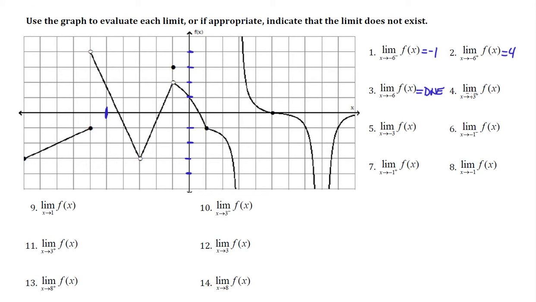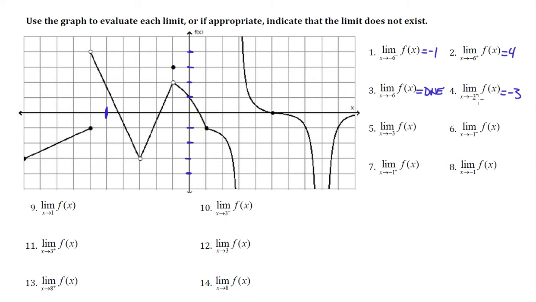Okay, moving on to number 4. As x approaches -3 from the positive side, so 1, 2, 3. So -3 from the positive side, so over here, as we're approaching -3, closer and closer and closer to -3, we are getting closer and closer to the y value of -3. Okay, so then the limit as x approaches -3 altogether, so that's -3 from both sides.